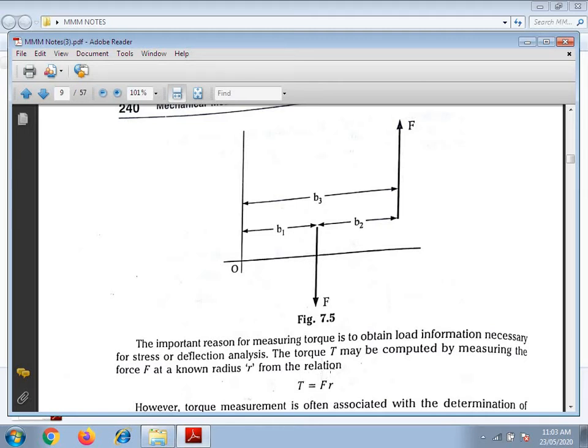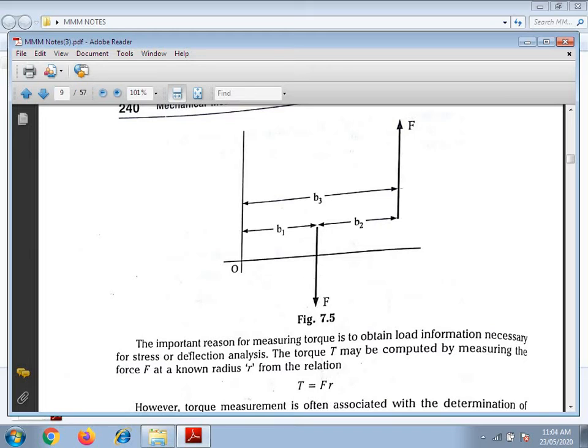Couple is equal to FB1 minus FB3. The couple action means equal in magnitude, opposite in direction.